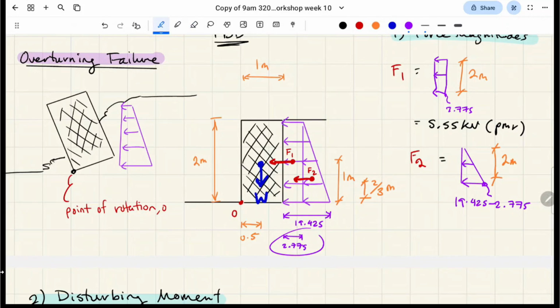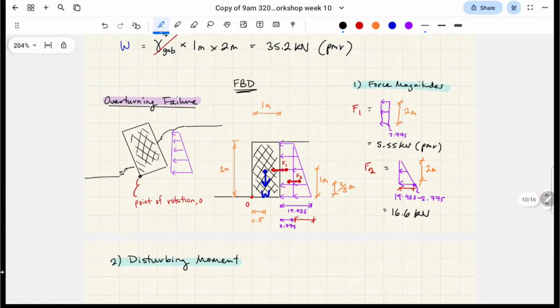So it's that difference here. We're doing in red. That difference here is going to be that side of the triangle. Yeah, take the area. Make sure to account for the half because it's a triangle. These are 16.6 kilonewtons. Sorry if I'm going too slow. I'm going really slow here. It's from first year basics, right? But yeah, I promise I'll speed up for the next example.